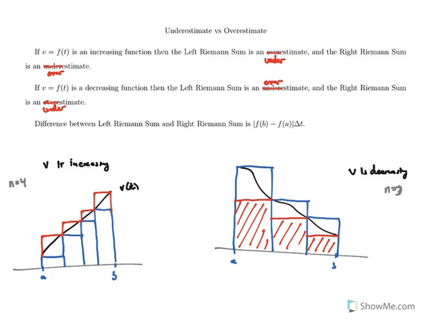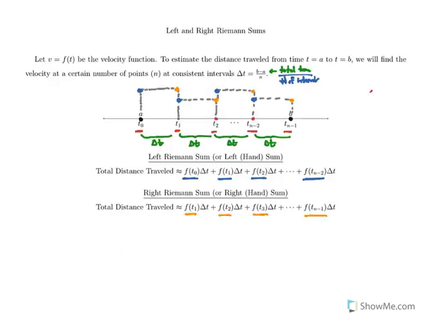And why is that true? Let's go to the previous page. The only difference between the left and the right Riemann sums are the first term in the left and the last term in the right.